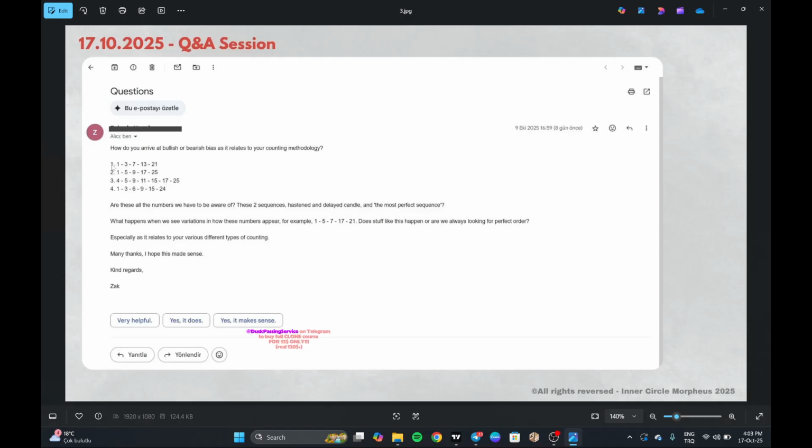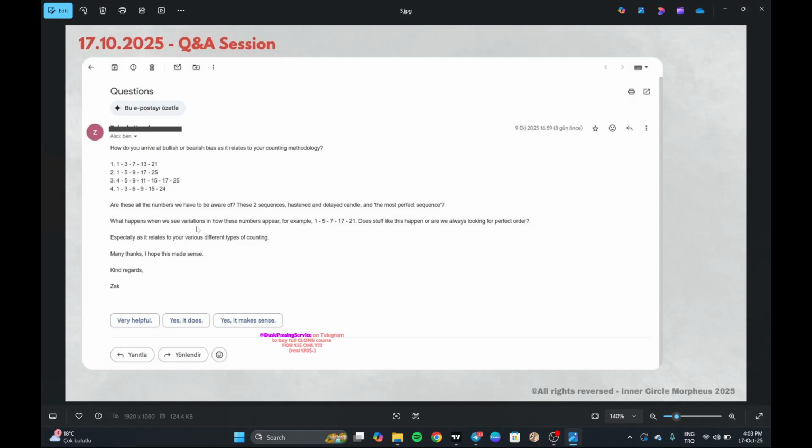Yes, as I said, the first and second one, and please ignore the third and fourth for a while. These two sequences are the hastened and delayed candle sequences, and the most perfect one, the Holy Trinity sequence, is 369, but as I said, please ignore that sequence for a while until I teach and give details about it.